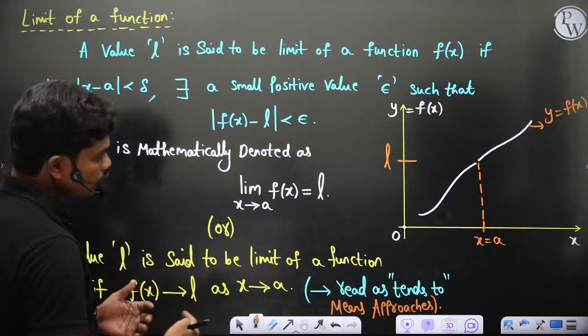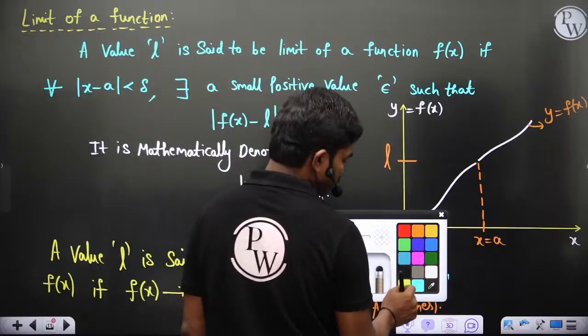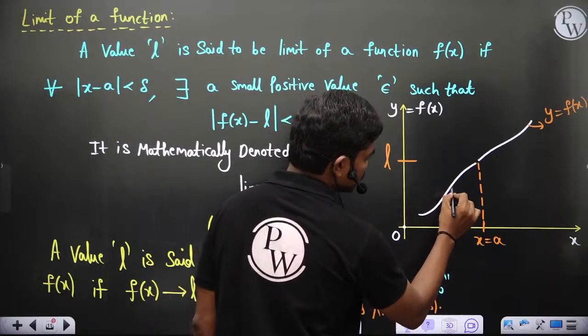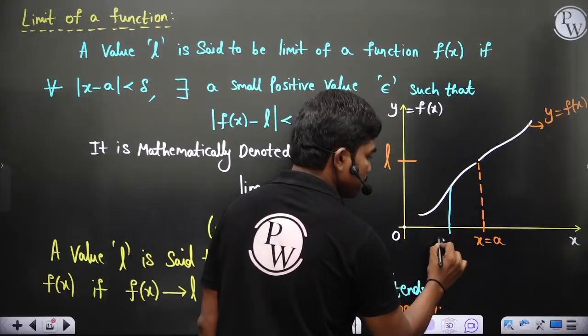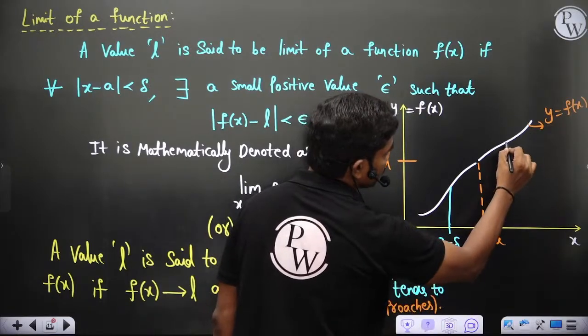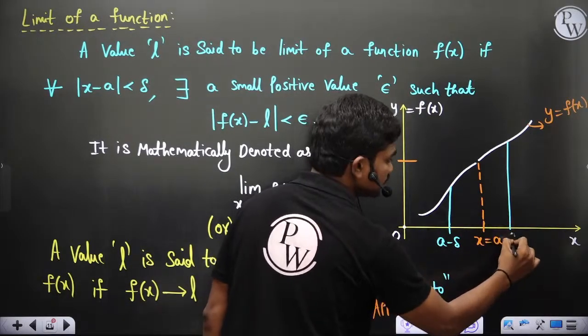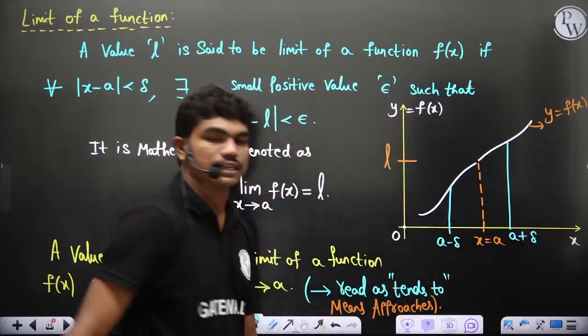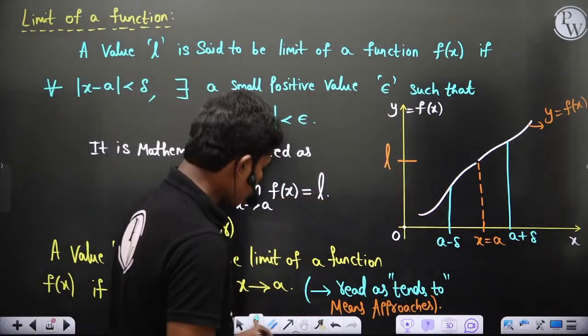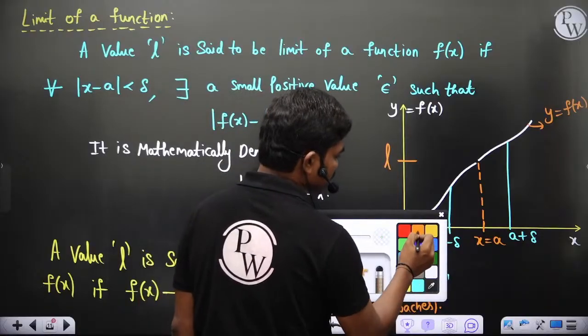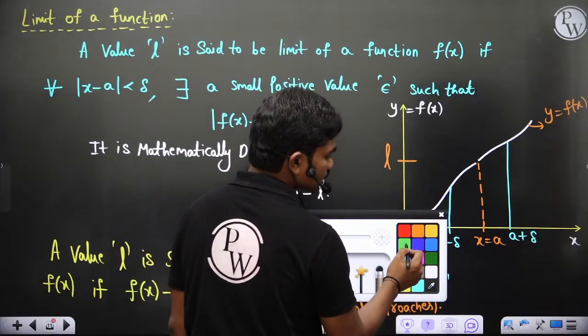Observe carefully, this is a bit important stuff. This is a minus delta and this is a plus delta, for example. Now at this point, if you calculate f of x, how do you get f of x?